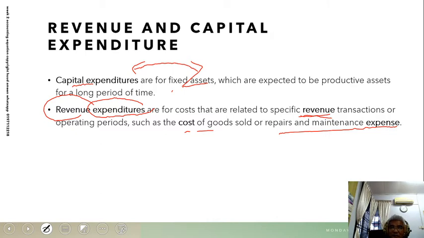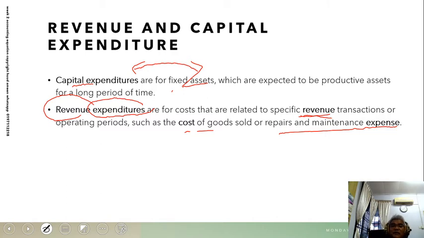So kenapa dinamakan revenue expenditure? Kalau awak berniaga nasi lemak, awak kena bayar gaji, petrol, duit keluar tu, itu nak mendapatkan hasil.